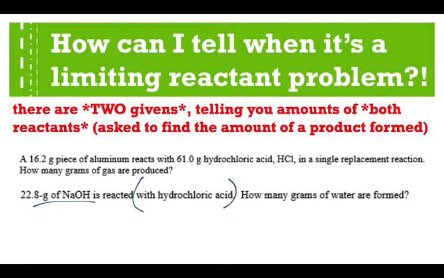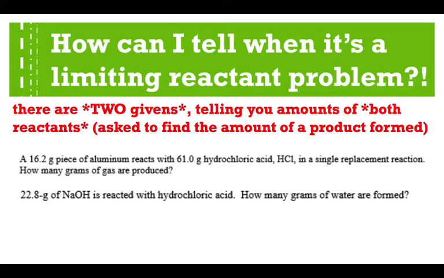And sometimes it might even say reacted with excess hydrochloric acid. So this is telling you in the problem, don't worry about the amount of hydrochloric acid. There's going to be plenty of it. Evidently, the sodium hydroxide is the limiting reactant. It's going to run out first. So this isn't a limiting reactant problem because they haven't given you both of those amounts. They've kind of made that choice for you and only given you the number that is actually going to give you the answer.